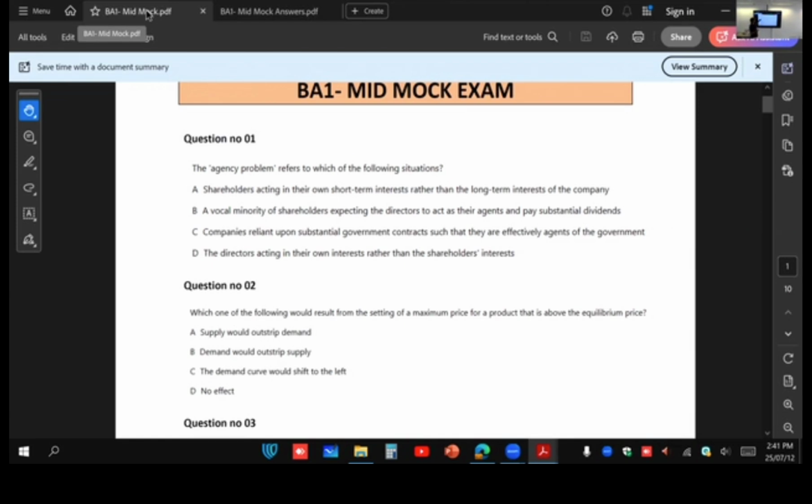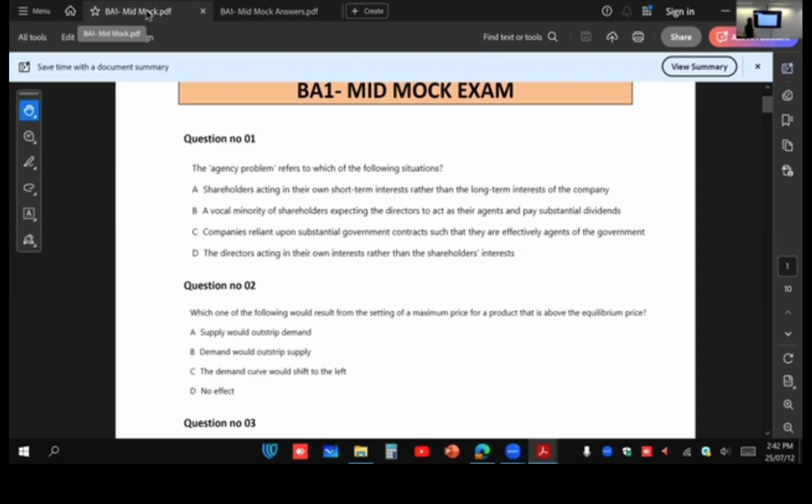So question number one, agency problem refers to which of the following situations? Shareholders acting in their own short-term interests rather than in the long-term interests of the company. A vocal minority of shareholders expecting the directors to act as their agents and pay substantial dividends.